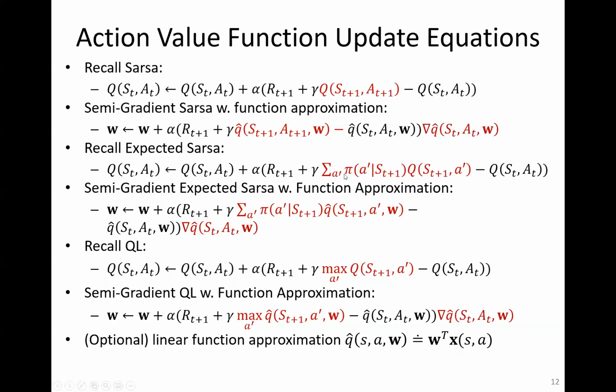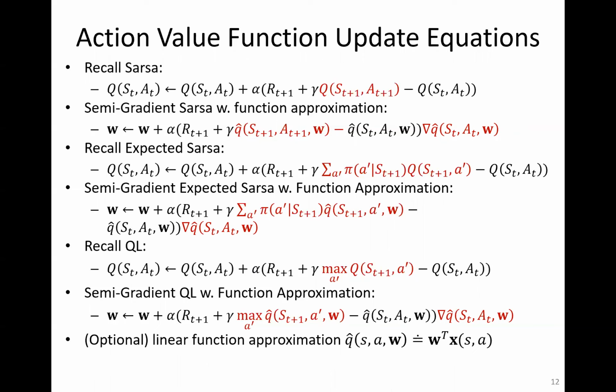And for expected Sarsa, similar. Q-learning, similar. Just a simple replacement. And you can use linear function approximation as Q functions, so w times x(s,a) instead of w times x(s).